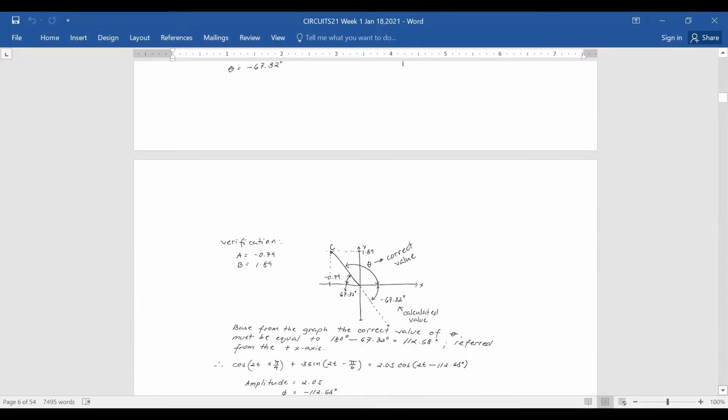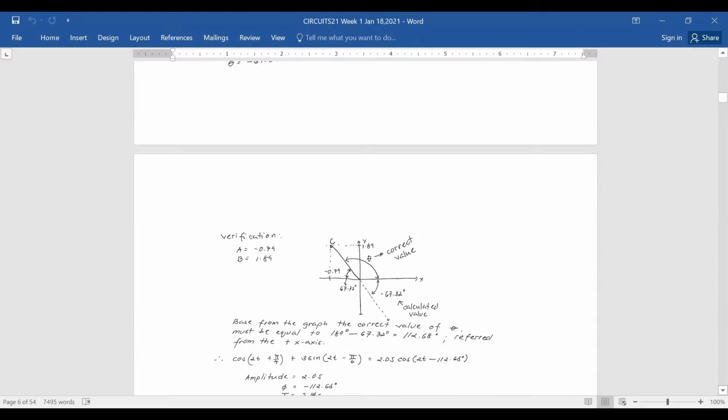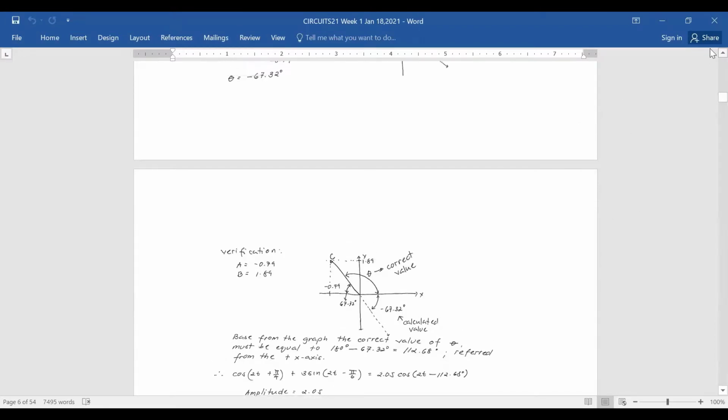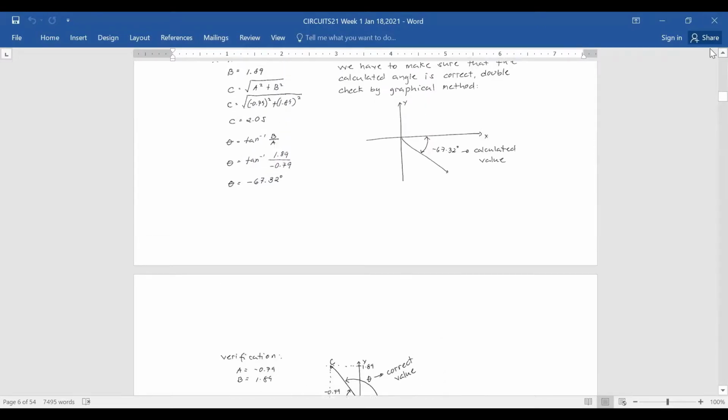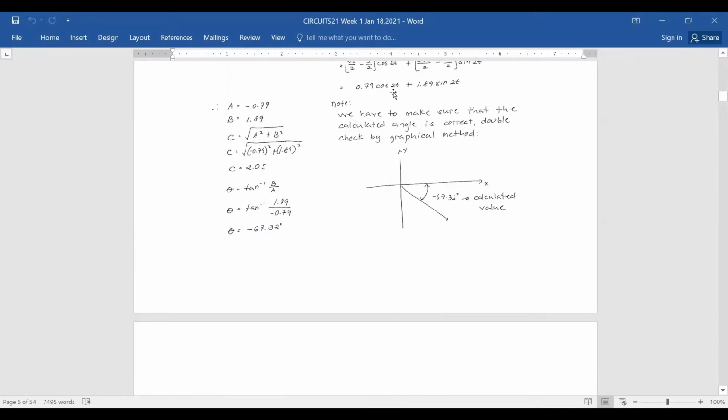How do we follow the graphical representation? We know that the first term here is in cosine, and it has a negative 0.79 magnitude.